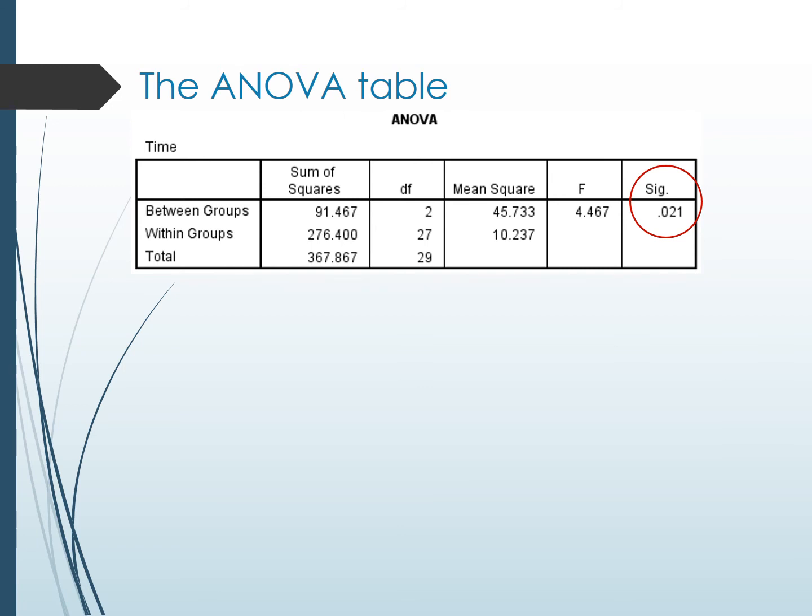This image represents the ANOVA table produced by SPSS in a one-way ANOVA analysis. In this case, the null hypothesis that all the means are equal should be rejected, based on the p-value of 0.021 reported in the last column, labeled as Sig. In order to calculate the effect size, eta square, you'll need the sum of squares between groups and the sum of squares total from the table.